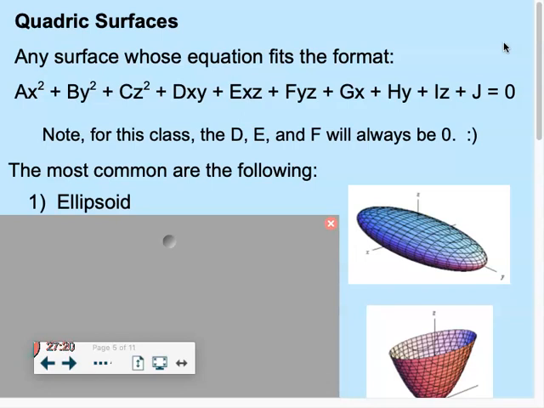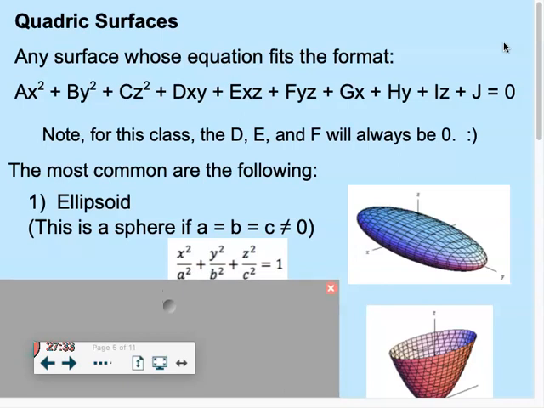The first one is called an ellipsoid, and it makes sense, because it looks like what you get if the cross sections are all ellipses, like if you take these ellipses and kind of rotate them. The equation of an ellipsoid should look really familiar: x squared over a squared plus y squared over b squared plus z squared over c squared equals 1.